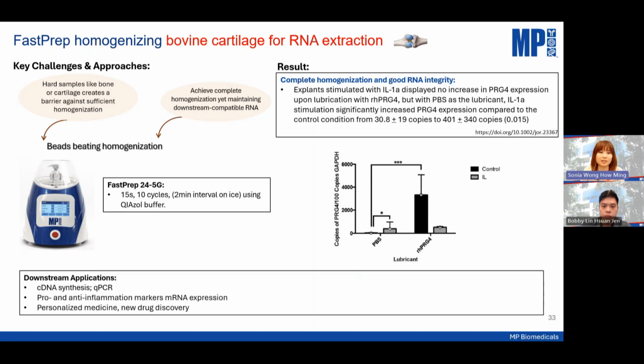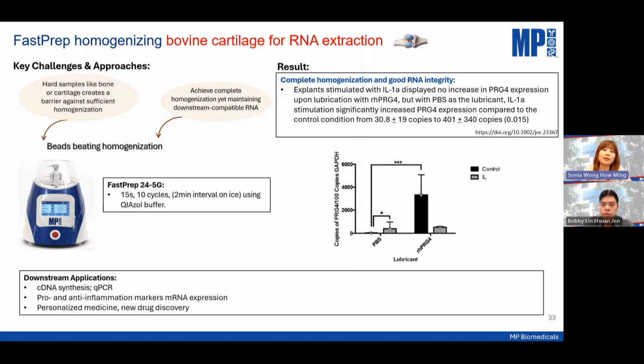So some of the key challenges, just like Bobby has mentioned, bone samples are tough. Bone or cartilage, they are actually tough. So they create even a stronger barrier against sufficient homogenization. Moreover, because bone is made up of different types of minerals, this bone powder further traps the nucleic acid, whether it's DNA or RNA, that researchers are interested in. So this creates the challenges that we face when we want to get RNA from these samples.